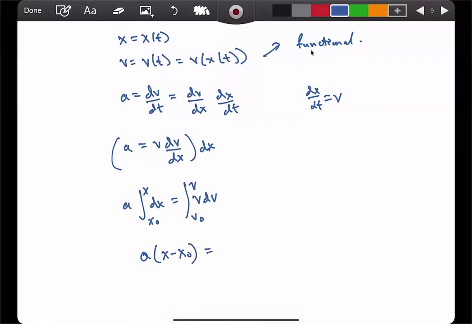The right-hand side gives me the integral of v dv, which is 1/2 v squared. So I'm going to get 1/2 times v final squared minus v initial squared. From here, we're going to multiply both sides by 2 and add the initial velocity. So finally, I get my final velocity squared is equal to my initial velocity squared plus 2 times a times my displacement, or my change in position. And we'll notice this as our third kinematic equation.